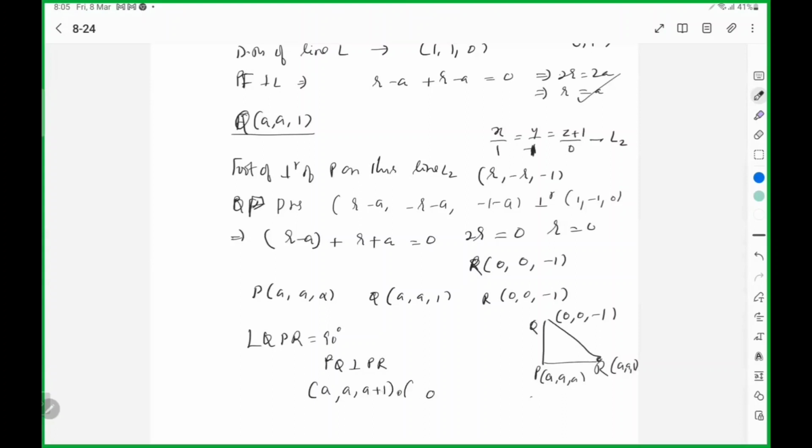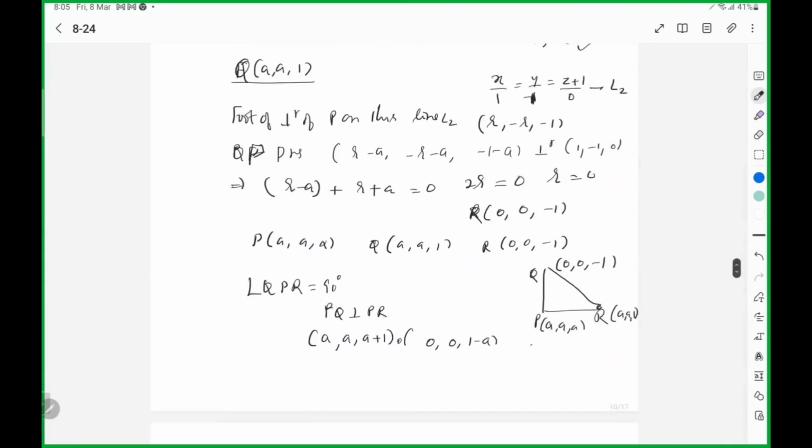PR here is 0, 0, 1 minus C. So from here, 1 minus C squared 0. A is plus or minus. So 12A square he is asking. 12 is the answer.